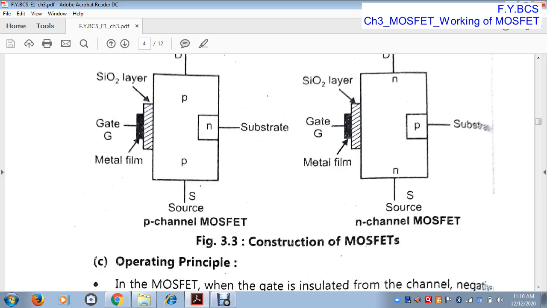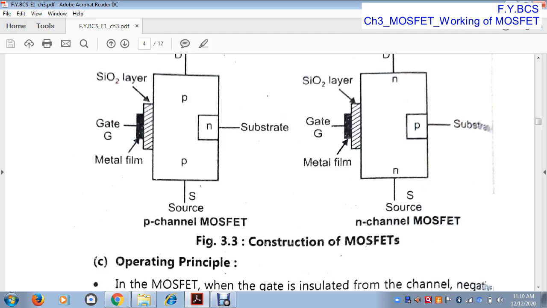This arrangement is the same as a capacitor because a capacitor also has two plates, plate 1 and plate 2, separated by insulating material. The same condition is here: the gate and this channel, with an insulating material between them.